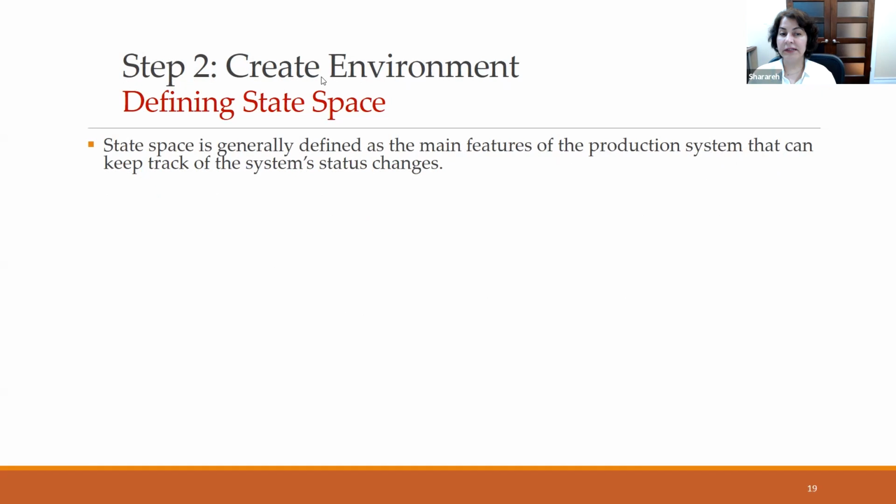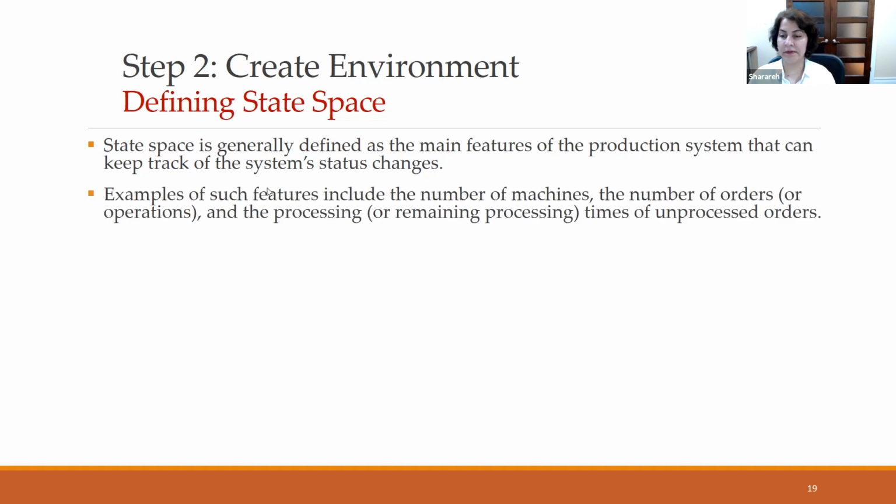As part of creating the environment, we need to define a state space. Generally in reinforcement learning, the state space uses features that describe the changes in the environment. Some examples usually utilized as a state are the number of available machines at any time, or the remaining jobs that still need to be processed, for example if an interruption happens and certain jobs haven't yet been processed.